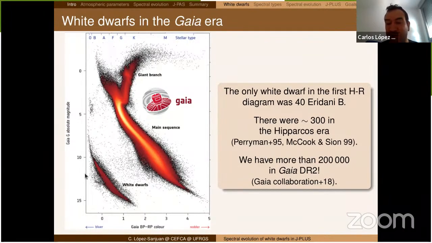So we go from 300 to 200,000 candidates of white dwarfs, for which now there are massive campaigns of spectroscopy in WEAVE, 4MOST, SDSS-V, and DESI to observe most of the white dwarfs in the Gaia catalog, to have a spectra of them. Okay, so now we have a rich data set to analyze.